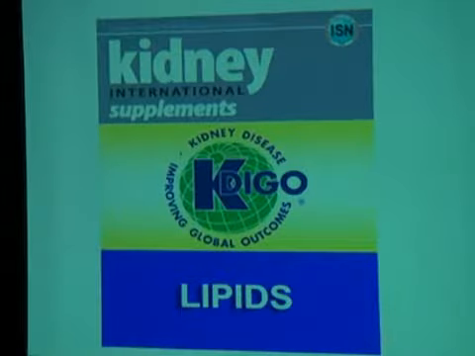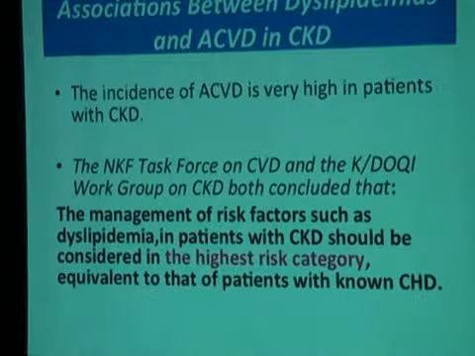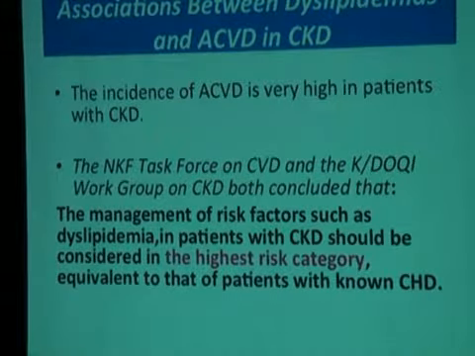Okay, according to the KDIGO guidelines, the incidence of atherosclerotic cardiovascular disease is very high in patients with CKD, to the extent that those patients should be considered in the highest risk category, equivalent to that of patients with known coronary heart disease.